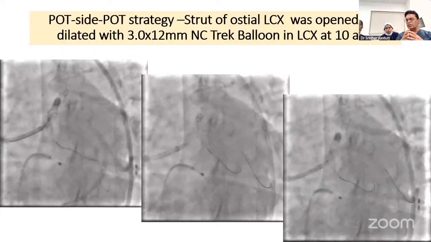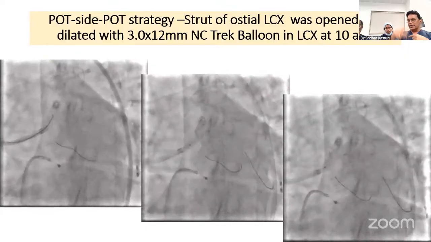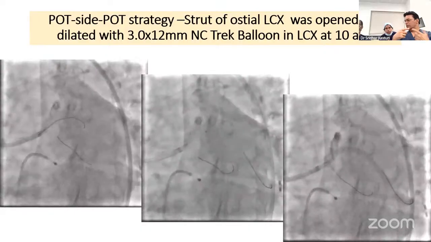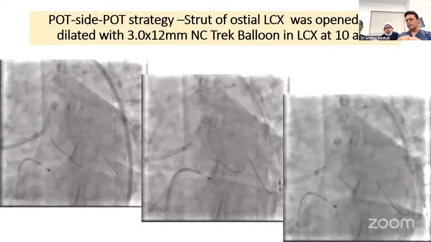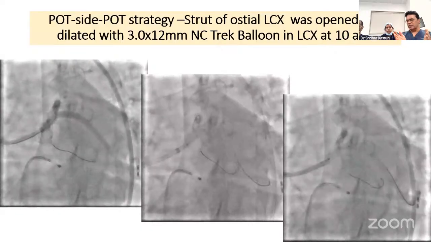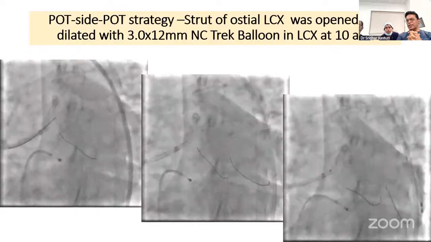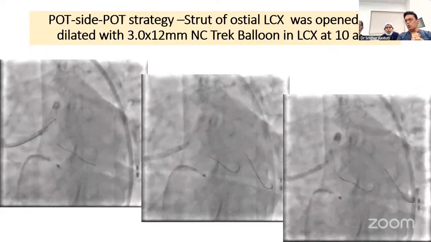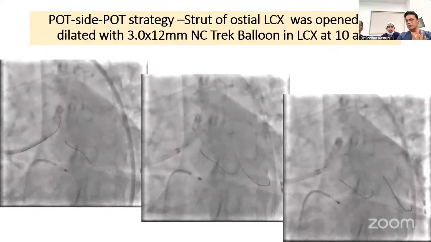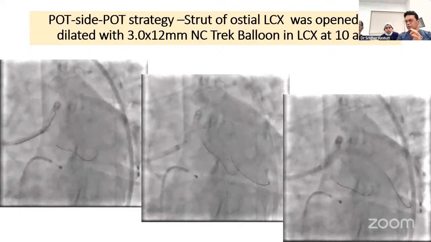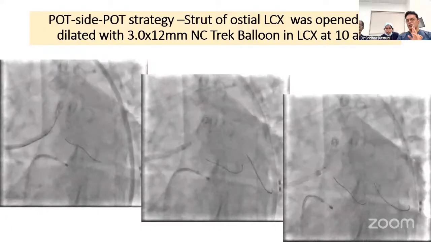Once you dilate, it will not touch the inner surface of the vessel, so restenosis is less likely, and it will open the struts. Once struts are separated, side branch restenosis is less likely. That's the reason we have extended only to the minimal extent. So here purposefully we have done it mainly to avoid any jailed struts across the LCX ostium.